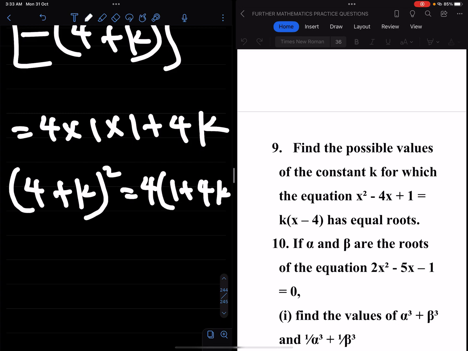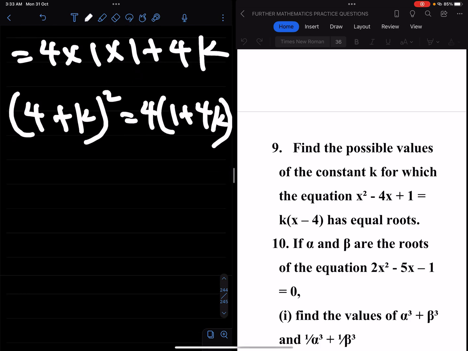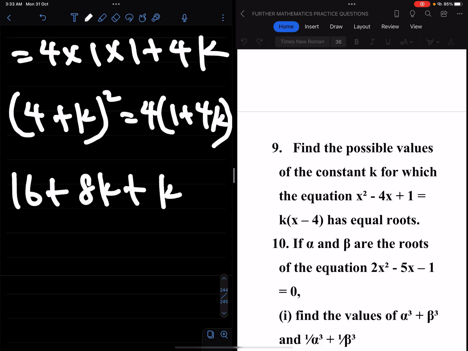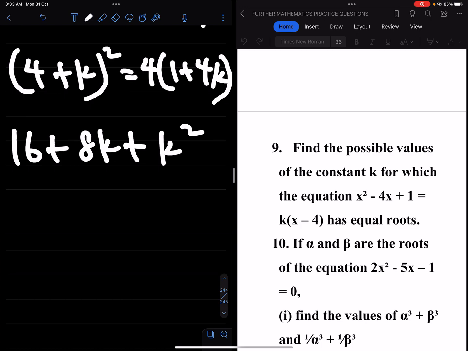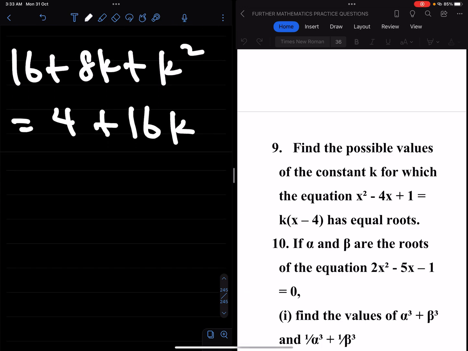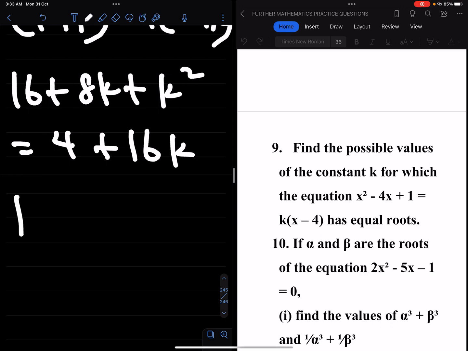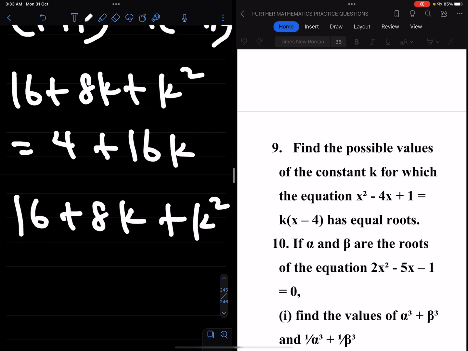And that means this will be 16 plus 8k plus k squared equals 4 plus 16k.